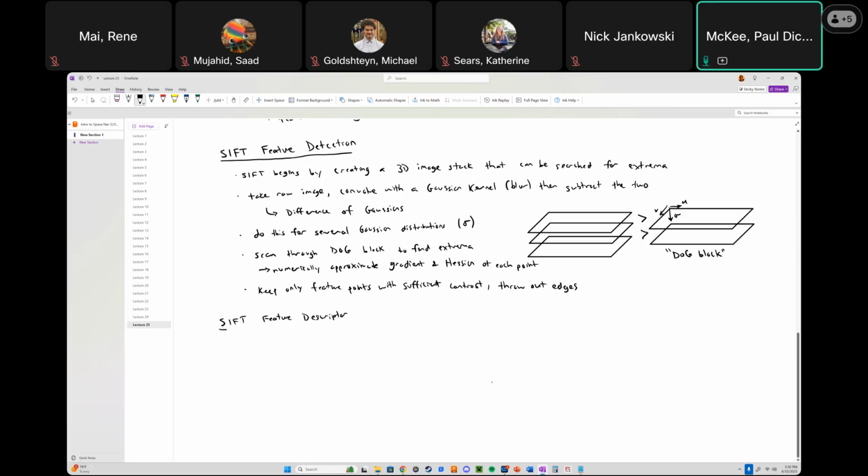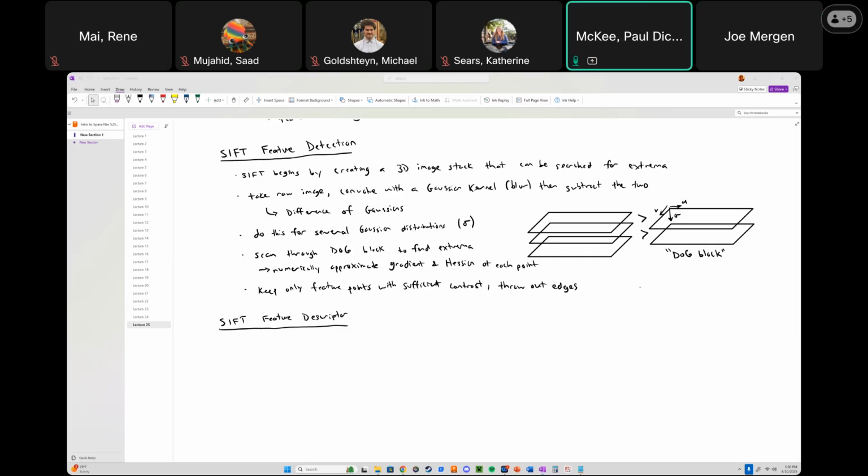Professor, what does blur mean in the context of the sigma direction in the DoG stack? You're saying they're creating a 3D image stack of blurs. So the idea is you take an image, you blur the image, and then you subtract the two. And so then the difference in resolution is the sigma? The sigma would be the amount that you blur the image.